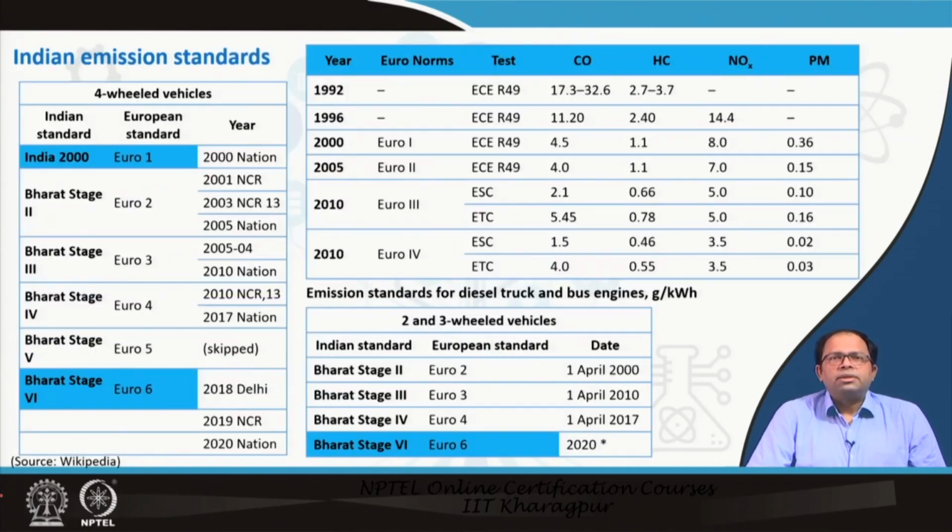So these three tables actually show the Indian emission standards which are currently adopted. For example, the first table on the left-hand side shows the standards for four-wheeler passenger vehicles.